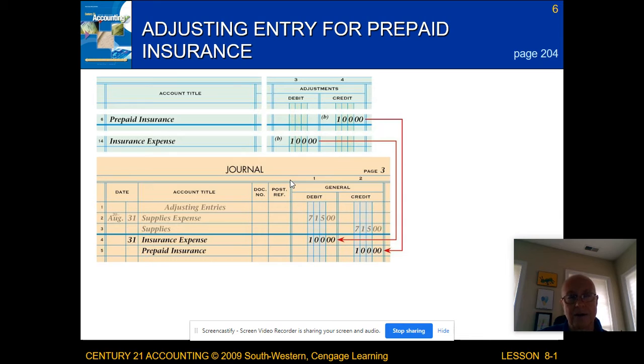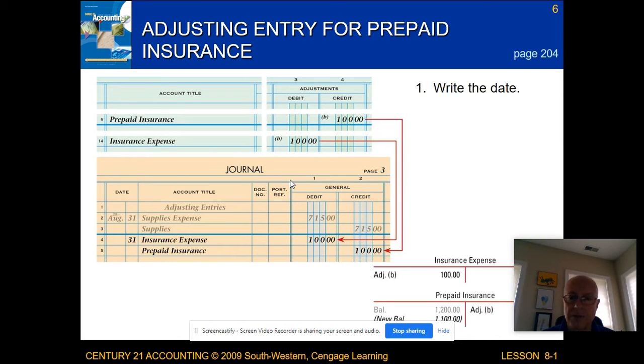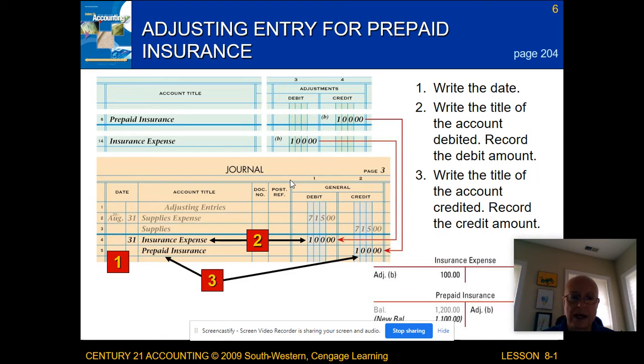Accounting 3 is getting a real taste of what this looks like because we've gotten through H at this point on our alpha characters for adjusting entries, and it's messy, and putting the character there makes it easier. Okay, so same deal. Date, debit, credit, and our source document. Well, there is none because we've got the header here.